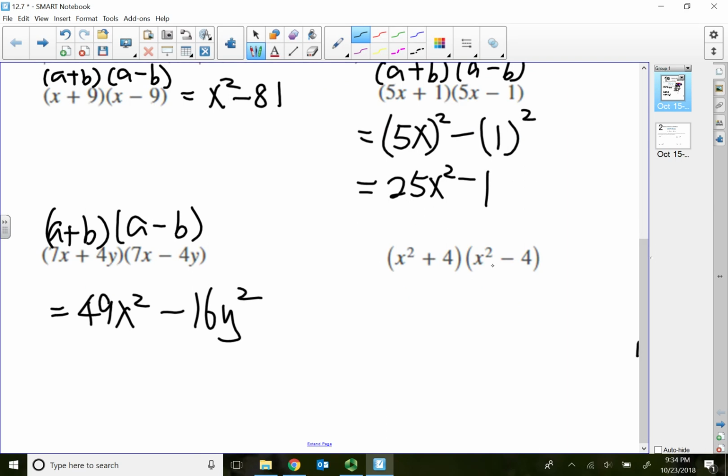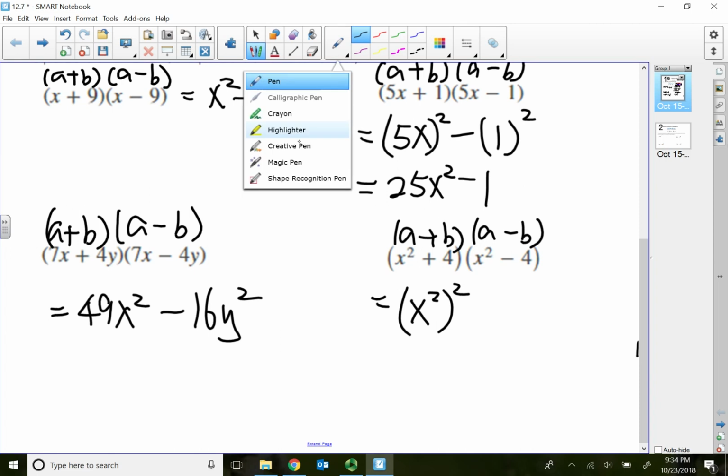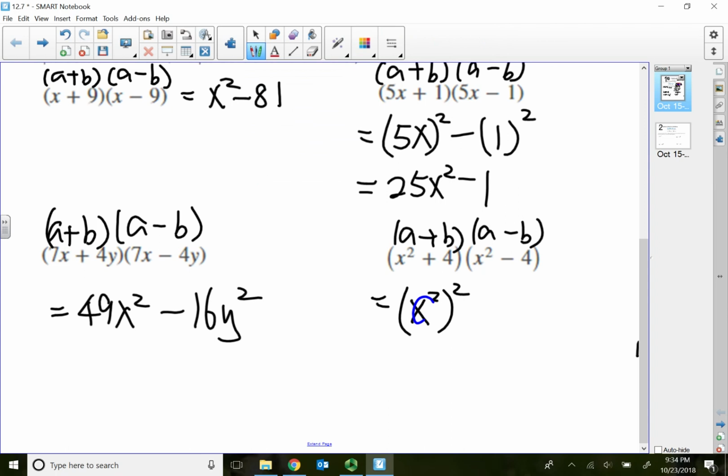Now, let's see. This is the same thing. My a plus b, a and b are the same, a minus b. This time, my a is x squared. My b is 4. So my answer should look like a squared minus b squared. I'm going to write this one out again. If I take my a, which is x squared, whole thing squared, this is my a squared, minus my b, which is 4, whole thing squared.